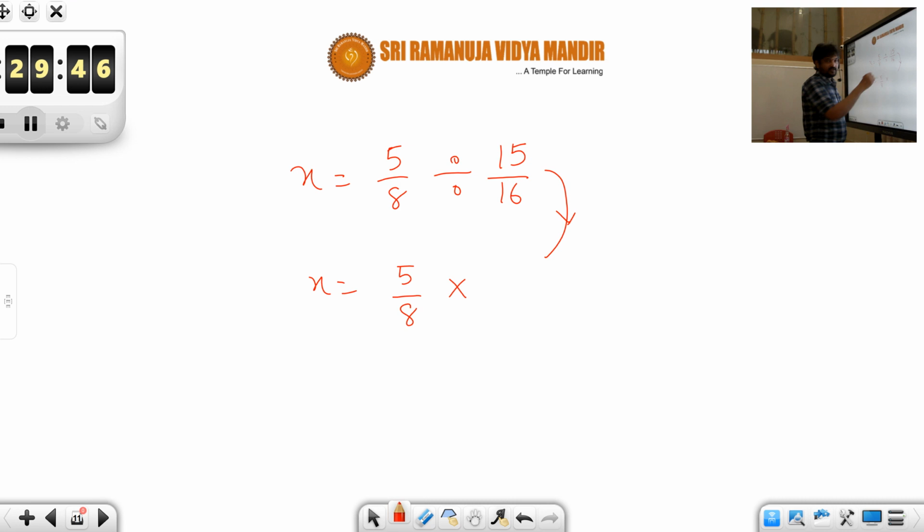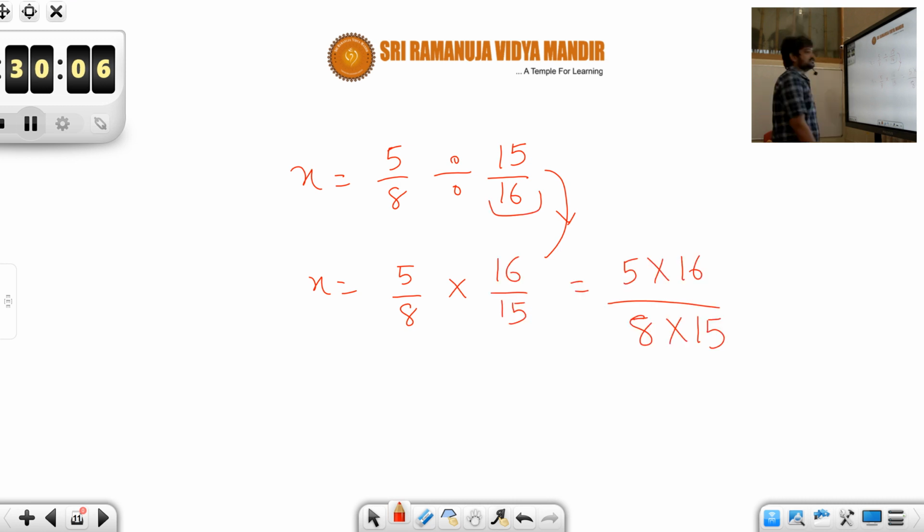And then how to multiply two fractions? Simply multiply the numerators, multiply the denominators and divide them. Now, before solving, do you see any common factors? Yes, 8 7s are 56, 5 3s are 15. Okay, students. So this is going to be 7 by 3, the simplified form. So the answer is 7 by 3.